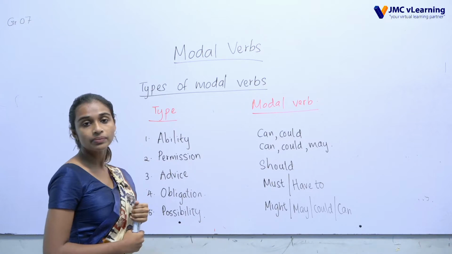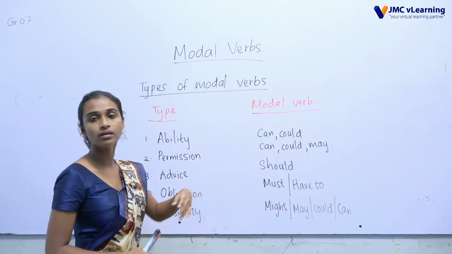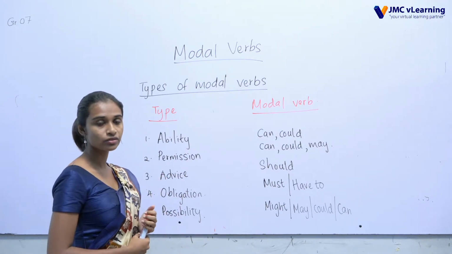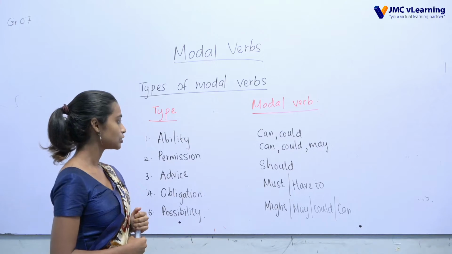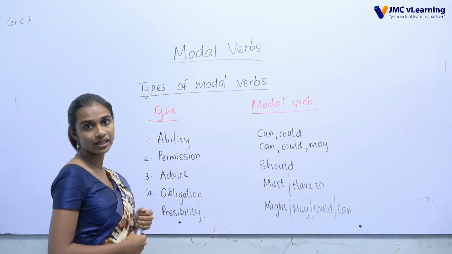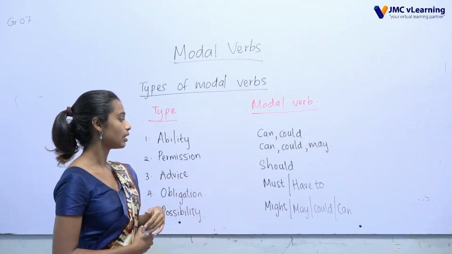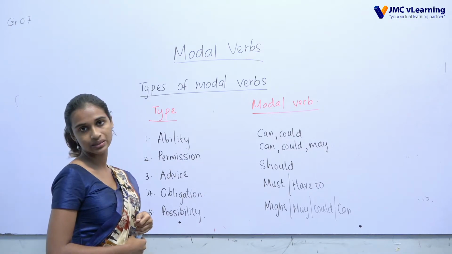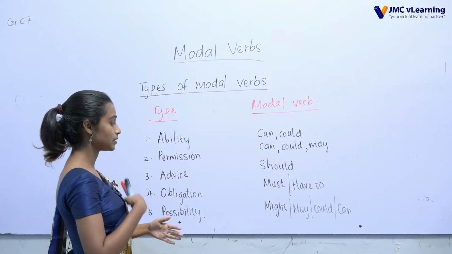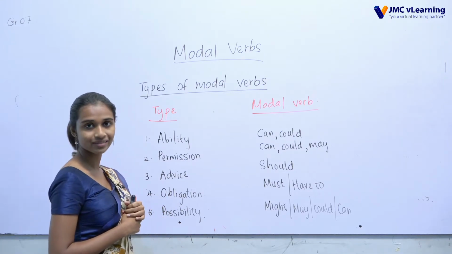To ask for permission, you use modal verb can, could or may, right? So to give advice, you use the modal verb should. And then to express obligations, you must do this. So you use the modal verb must or have to, right? And then to express possibility, might, may, could or can, right?